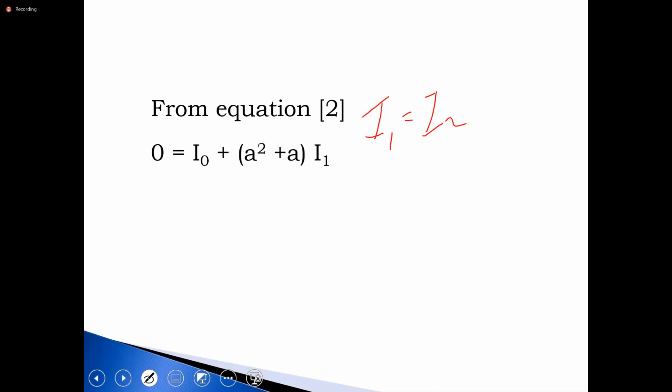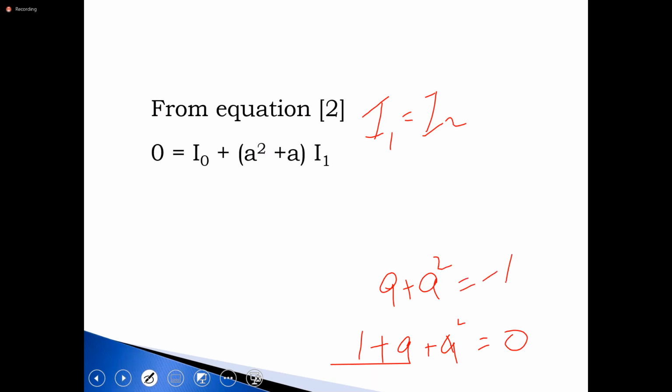Of course, you can just make a note that 1 plus A squared is equal to 0. All right? So 1 plus A squared equals 0. Which means, therefore, that A plus A squared is equal to minus 1.